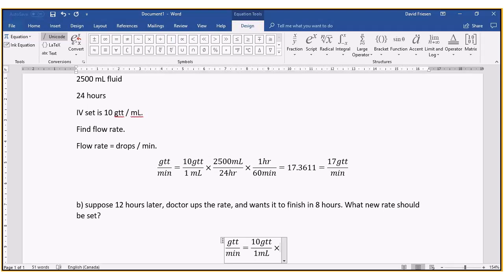So in this case, 12 hours later would be half of our fluid, so we can put in 2,500 milliliters times 1/2, all divided by say 12 hours.